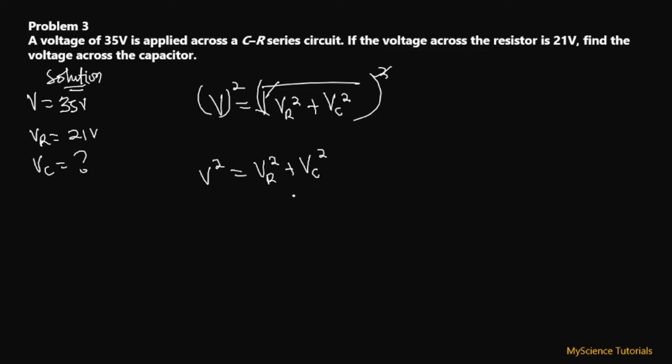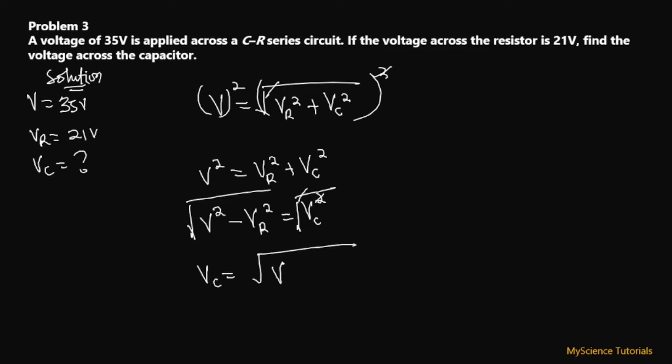Moving VR squared to the other side, V squared minus VR squared is equal to VC squared. To make VC the subject, we take the root of both sides, so VC is equal to the root of V squared minus VR squared.